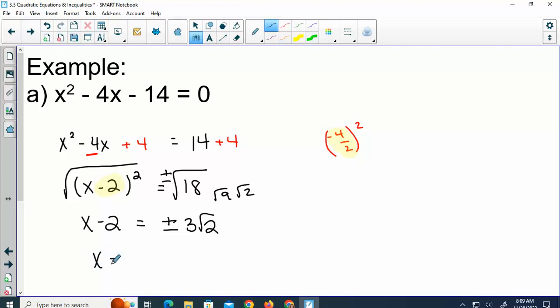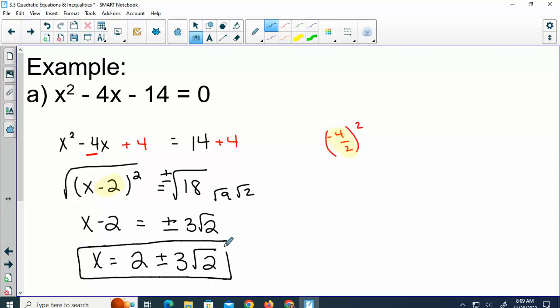So final step, we add over the 2, so we get 2 plus or minus 3 radical 2. Questions on that?